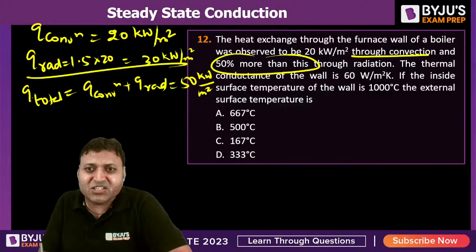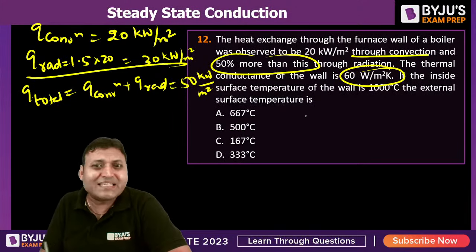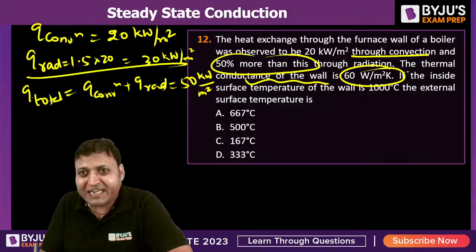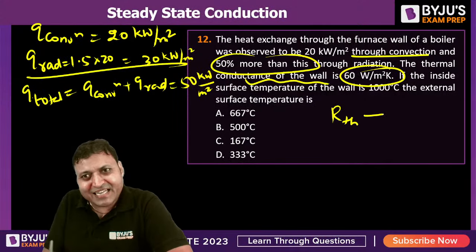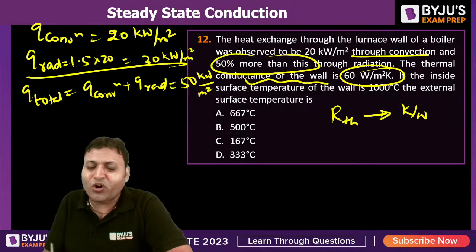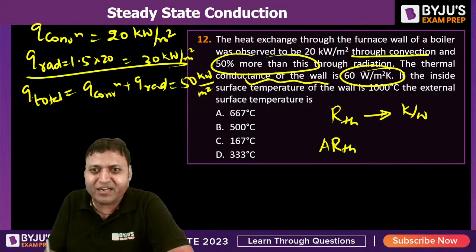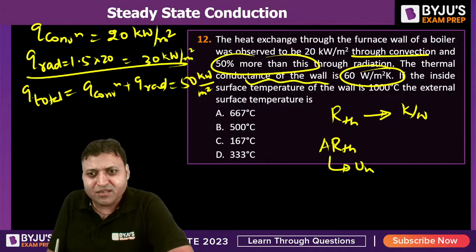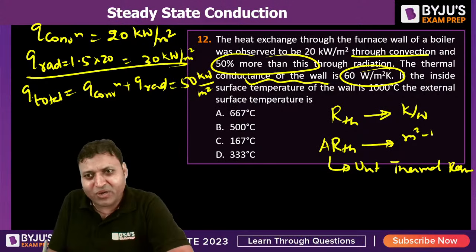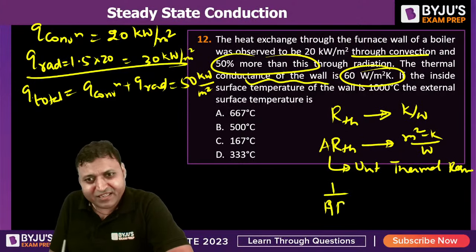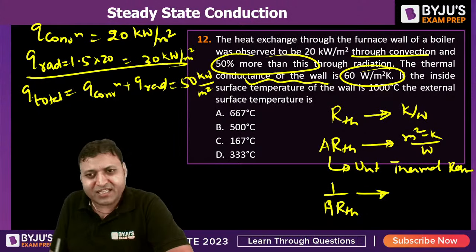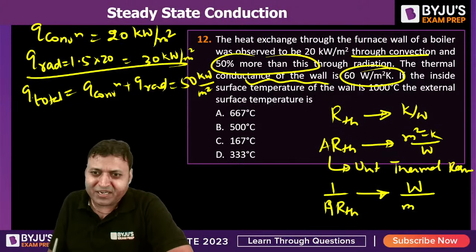The thermal conductance of the wall is 60 watt per meter square Kelvin. What is thermal conductance? The unit will tell you. Thermal resistance has the unit Kelvin per watt. Area multiplied by thermal resistance is called unit thermal resistance, with the unit meter square Kelvin per watt, and the reciprocal of this is called thermal conductance, watt per meter square Kelvin.